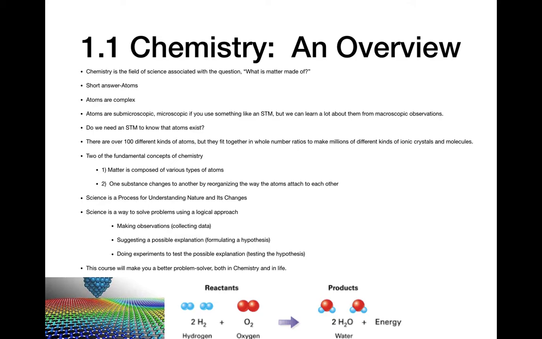We can actually determine a lot about the atoms that make up things. It does require quite a bit of interpretation, and that's part of the fun of chemistry, being able to look at the macroscopic world and think about what's happening submicroscopically.